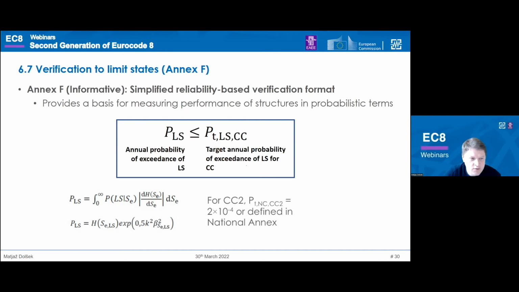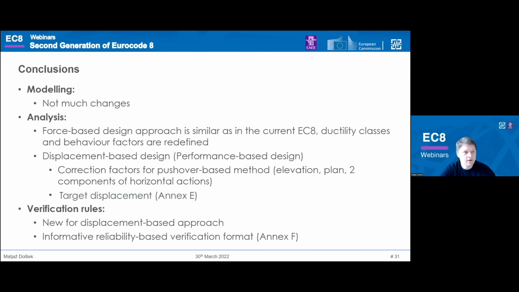There are different procedures for how to calculate the annual probability of exceedance of limit state, but not much about the target probabilities. There is only a note that the target probability for the near collapse limit state and consequence class 2 is 2 times 10 to the minus 4.